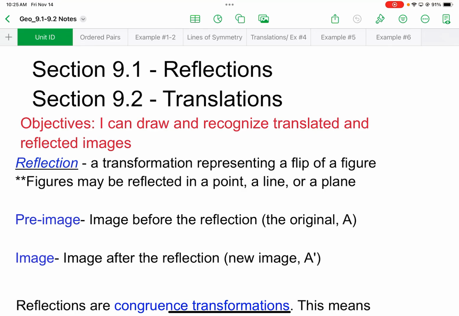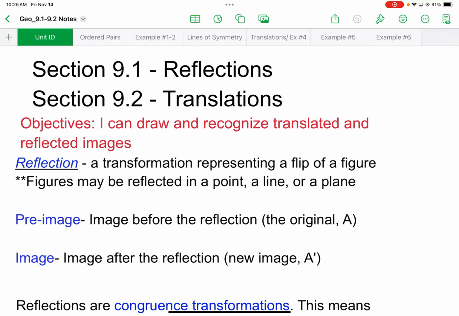So that would be a reflection over that vertical line, right? Depending upon what type of line we're reflecting it over depends upon what our figure looks like. Now, when you do a reflection, does that change the size or the shape of your original figure? No, it does not. So we find that reflections create an image that is congruent to our original image.